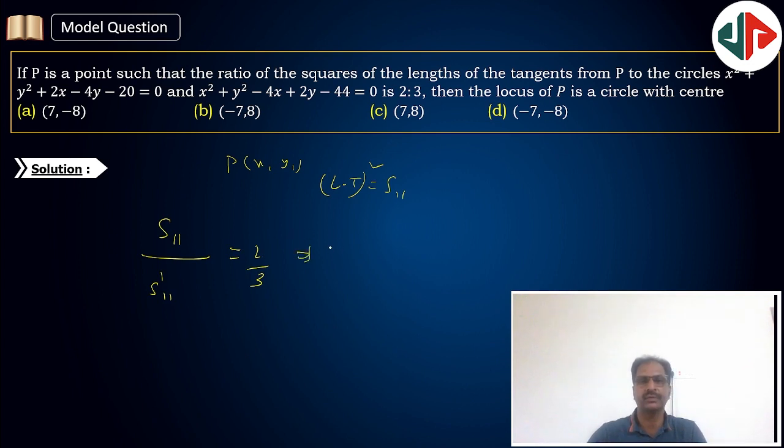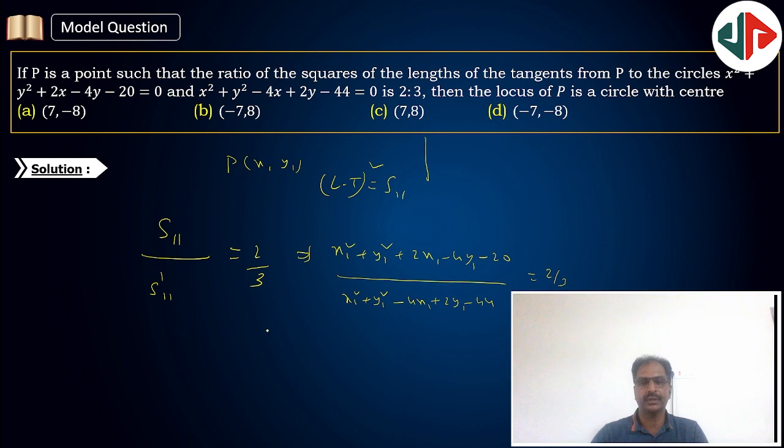So what is S11? Substitute x1 in the first circle. S dash 11 means the same for the second circle. It is equal to 2 by 3.